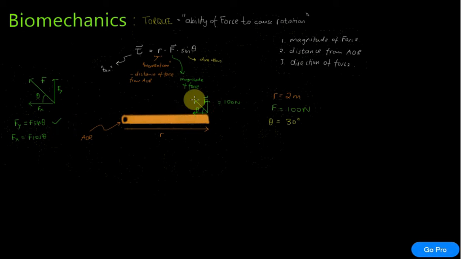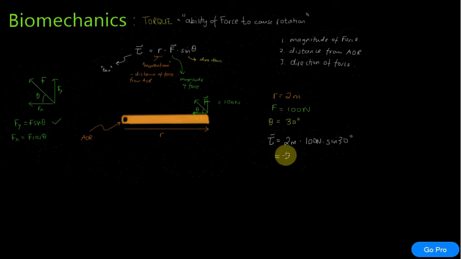Okay, so what is the torque that I would create about this axis of rotation if I was applying this force at some angle? So this 100 newtons of force at an angle of 30. The torque that I would be exerting is equal to this R component, 2 meters, times this 100 newtons times the sine of 30 degrees, or the component of the force acting perpendicular to the axis of rotation.